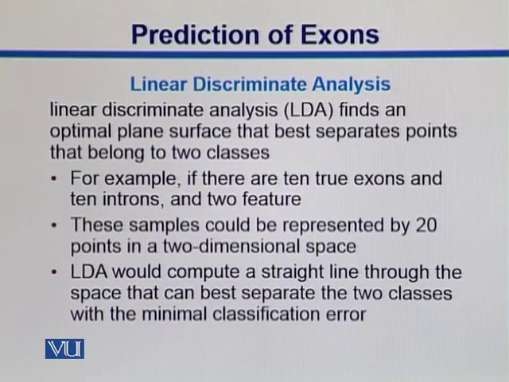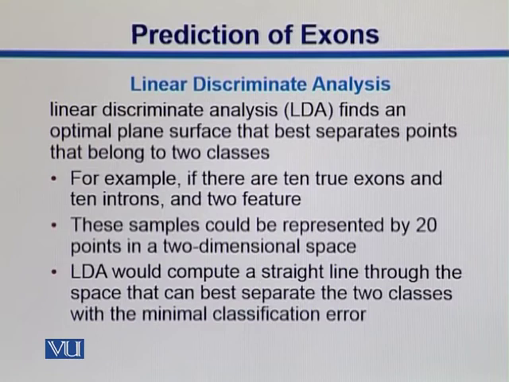Some of them are introns and some of them are exons. If we get their characteristics, their probabilities or frequencies as far as those coding regions are concerned, we get those frequencies and their distributions, and we plot them for all these 20 samples, in which 10 are exons and 10 are introns.